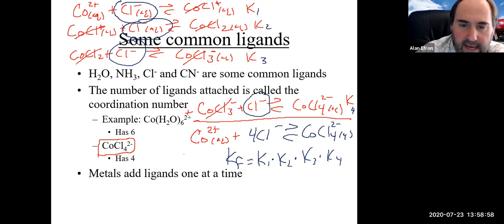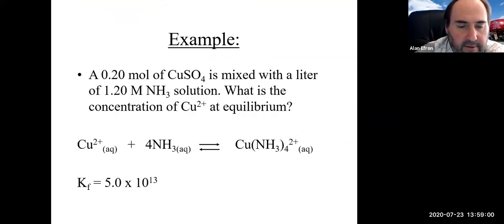So let's take a look at an example here together and figure out how we should approach a problem like this. So we're going to take 0.2 moles of copper 2 sulfate. We're going to mix it with a liter of 1.2 molar ammonia. What is the concentration of the copper 2 ions at equilibrium?